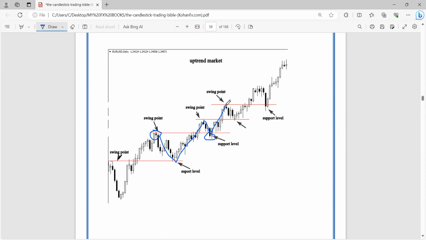Hence, if you are a trader, you realize that this happens every time. If you can see where I am here, this resistance level, the market came down, broke that level. The level I'm talking about is this red line. Then it came back to retest that level, then went up.